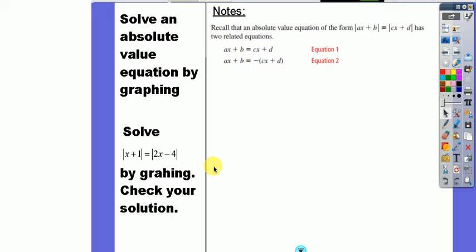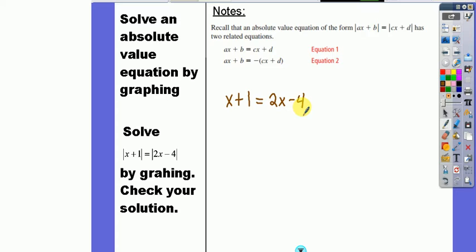So let's first of all set this up correctly before we try and attempt to graph it. So according to my definition, I'm going to set up what I'm given to solve in this way. I'm going to take x plus 1, set that equal to 2x minus 4.